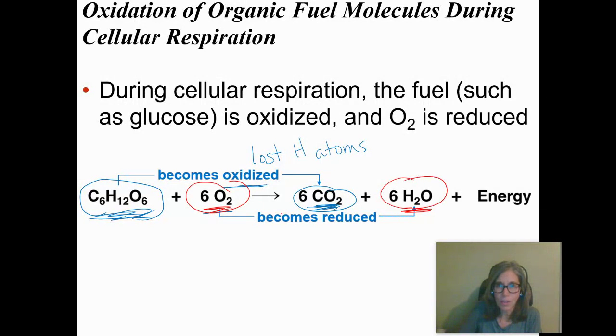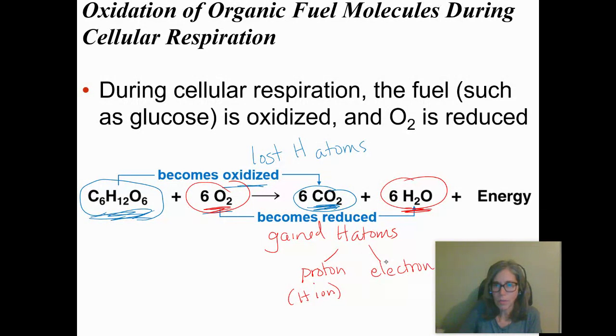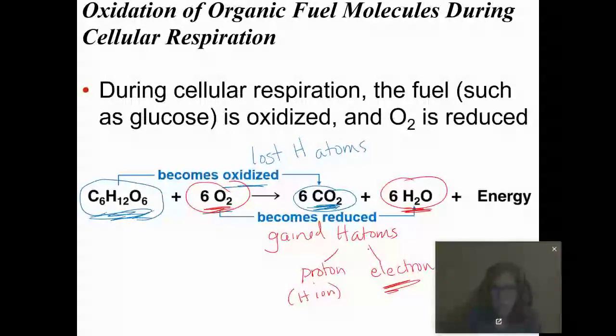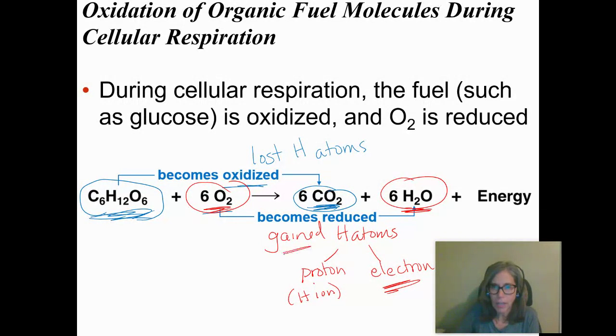And so if you look at this, the oxygen has actually gained hydrogen atoms. But hydrogen atoms, remember, are made out of protons, or I could call it hydrogen ion if I want, and electrons, right? And if you're gaining an electron, you're more negative, which means you're less positive.